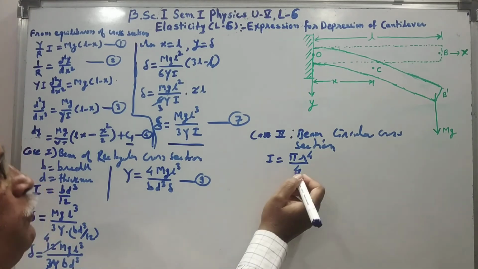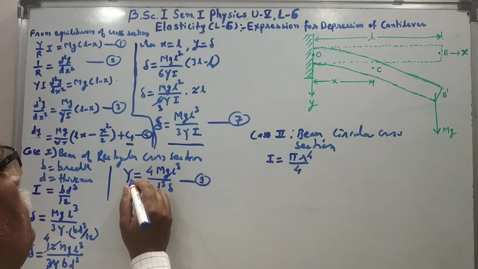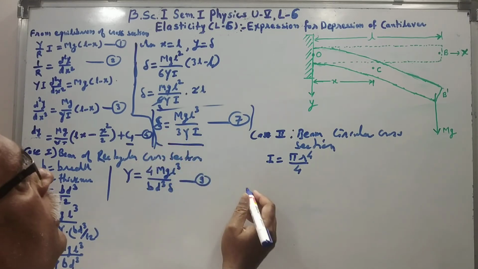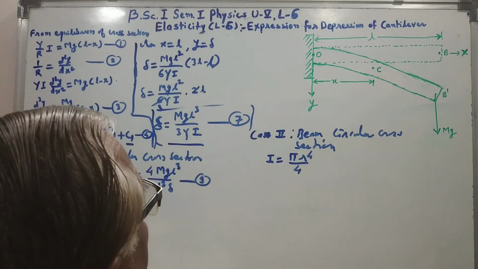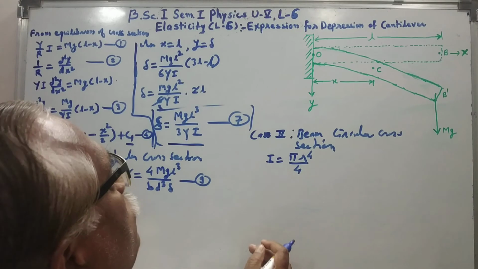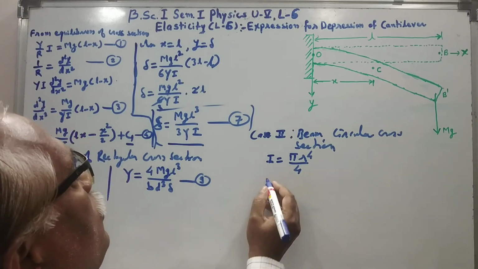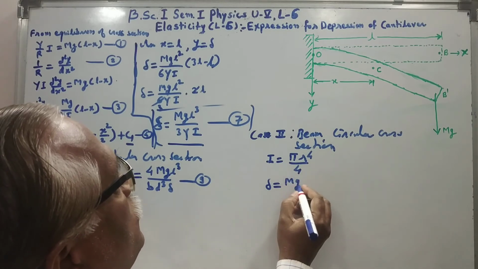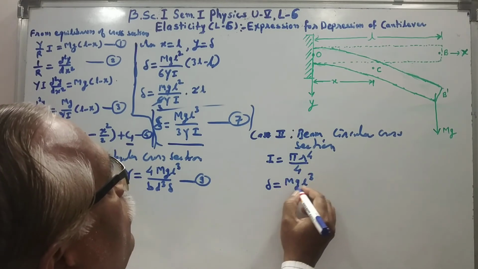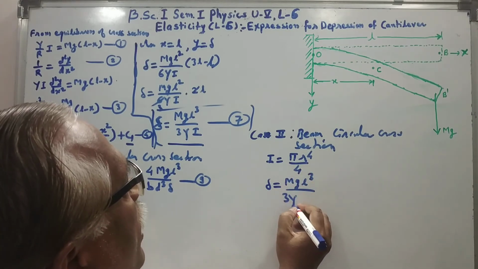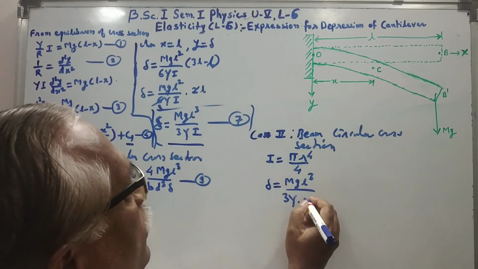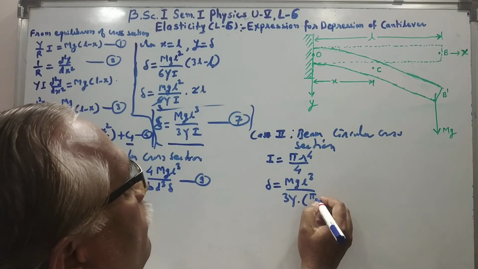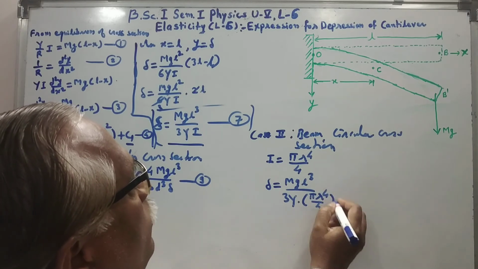If we put this value of I in equation number 7, we get the expression for the depression of the beam of circular cross section of radius r. So delta is equal to mg L cube divided by 3Y into I, where I is pi r to the power 4 upon 4.